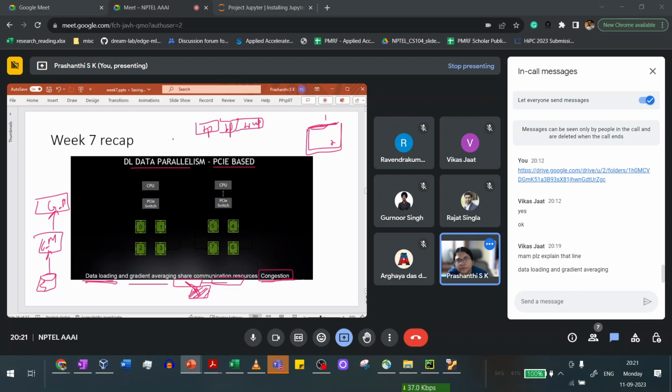If I didn't do any optimizations, this is how it looks. First I load the data, then I do the forward pass, which is going along the direction of the layers. Then I do the back propagation, I compute all the gradients, and in a distributed setting you need to exchange the gradients and average them. And then you do the weight update.